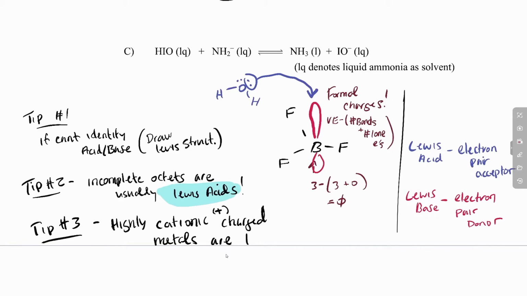Are Lewis acids also. So if you look for highly charged metals, they are typically Lewis acids also. So we can use these tips to figure out which are Lewis acids. Okay, so be on the lookout for highly charged metals, and be on the lookout for incomplete octets. These are usually going to lead you in the direction of a Lewis acid.